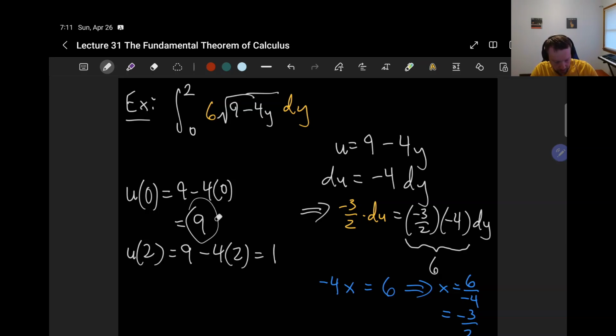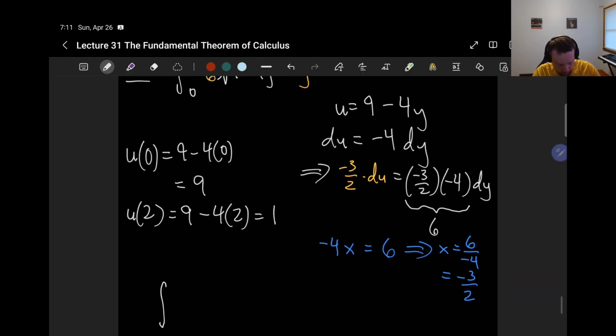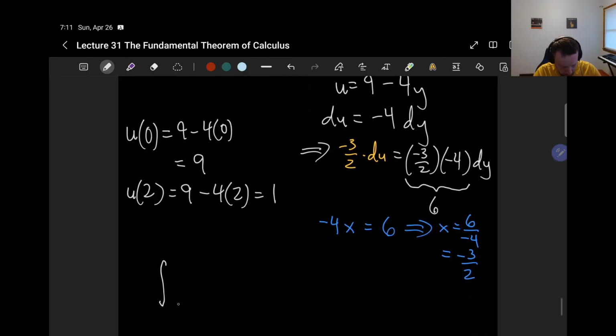This 9, even though it's the bigger number compared to 1, is my lower limit of integration because it came from 0, my original lower limit. So when I transform to u, I actually have to write the 9 down below and the 1 up top, which is a bit unusual, right? Because we normally write the lower number on the bottom, but we had to do it this way.